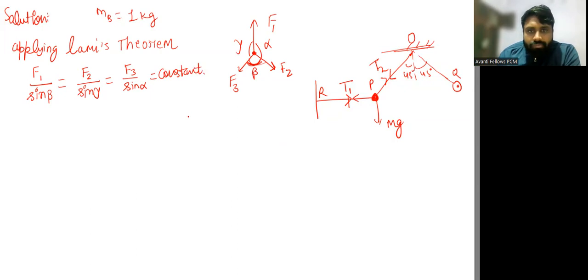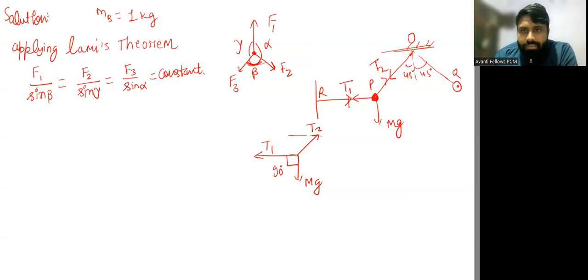Now in this situation, what do we have? We have T1 here, T2 will be here, and mg will be here. Now definitely this angle would be 90 degrees. Now what about this angle? We know that if this angle is 45, this angle will be definitely 45.